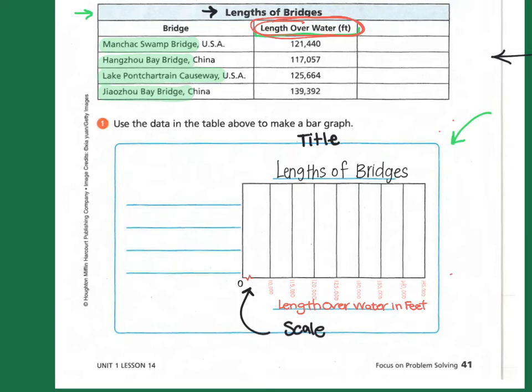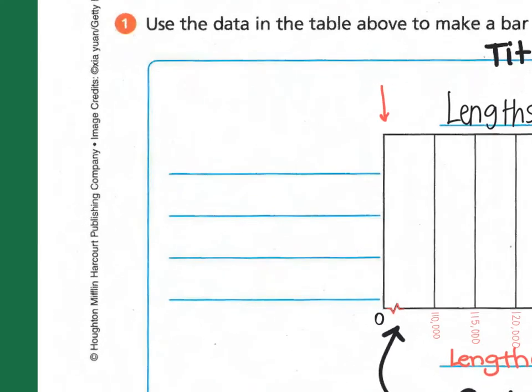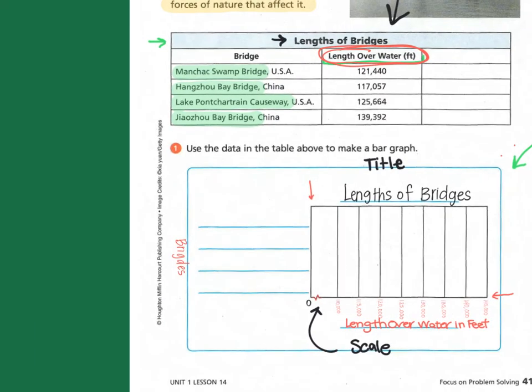Now I'm done with my x-axis here, and I want to move on to my y-axis. I'm going to need a label for this y-axis, and that's going to be my bridges. Oops, silly Mrs. Holly.